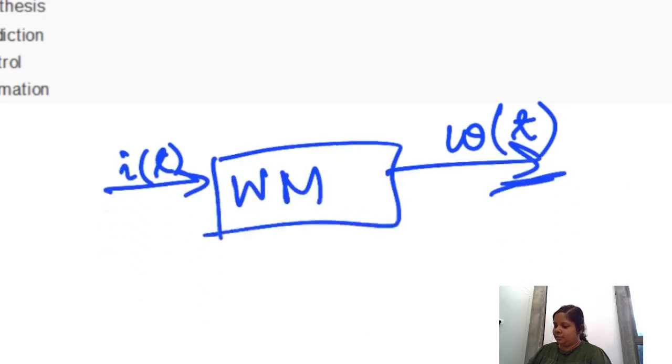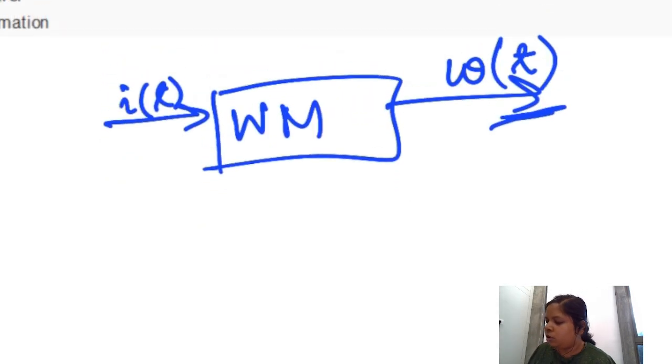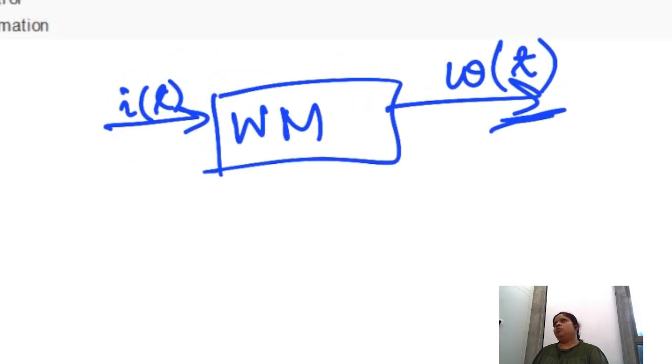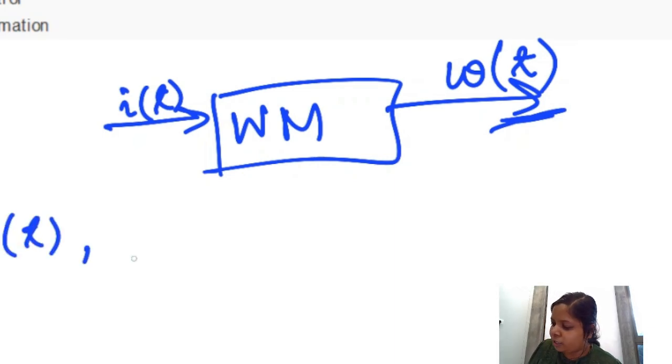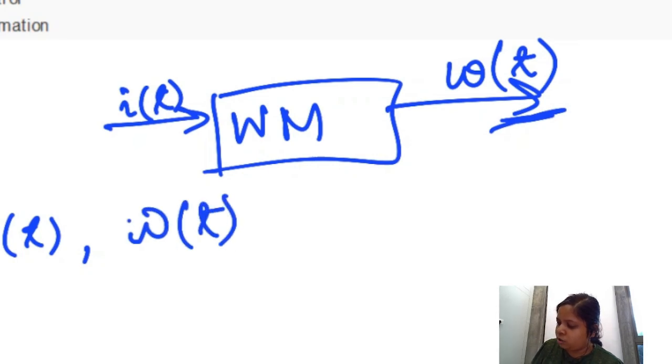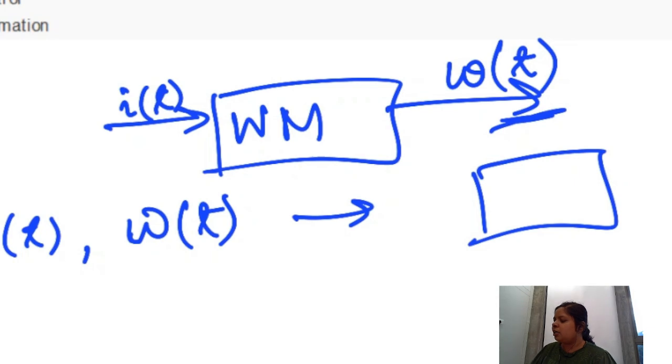So there are some things which you already do. If you are from electrical engineering, you'll have a subject called network analysis and synthesis. Synthesis is where you want to synthesize the network. If you have the input with you, if you have the output with you, and then you want to find out what the differential equation of the washing machine will be, then it is a problem of synthesis.